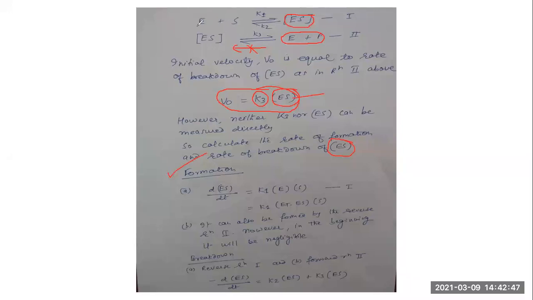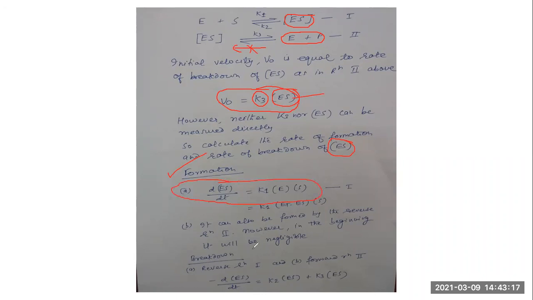So formation of ES is only one way, E combining with substrate. It can be given by this equation: d[ES]/dt equals forward rate constant K1 times E and S. And E can also be written as ET minus ES, since free enzyme is equal to total enzyme minus enzyme bound to the substrate. So it can be written this way also.